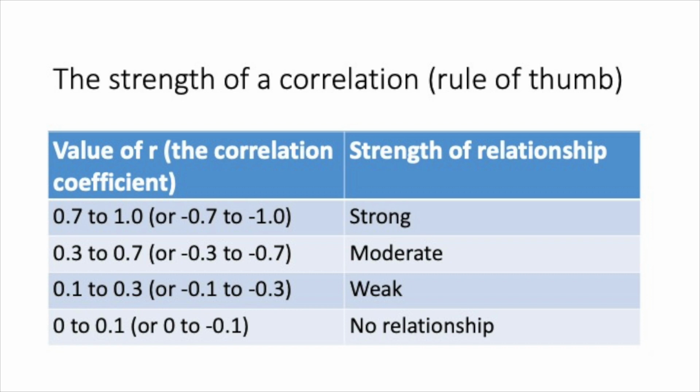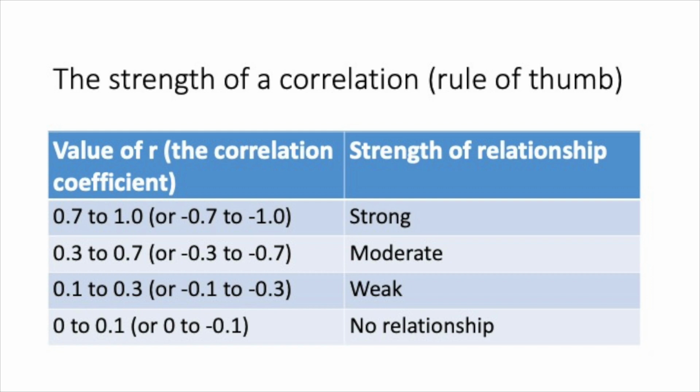On the other hand, if you're between -0.7 and -1, that would be a strong negative correlation. If you're between 0.3 and 0.7, that would be a moderate correlation. If you're between 0.1 and 0.3, or -0.1 and -0.3, that would be a weak correlation.